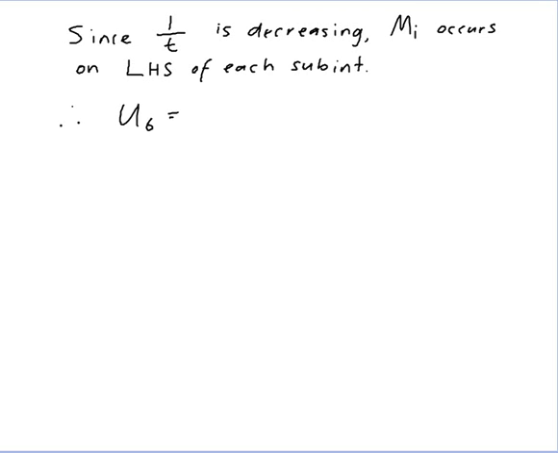So therefore u6 will be delta x, which was 0.25, times the sum of the Mi's.